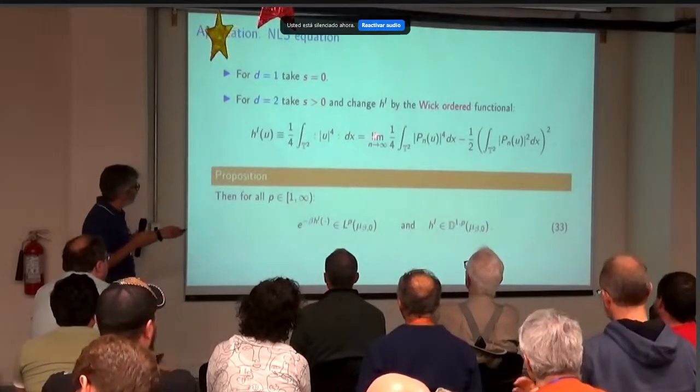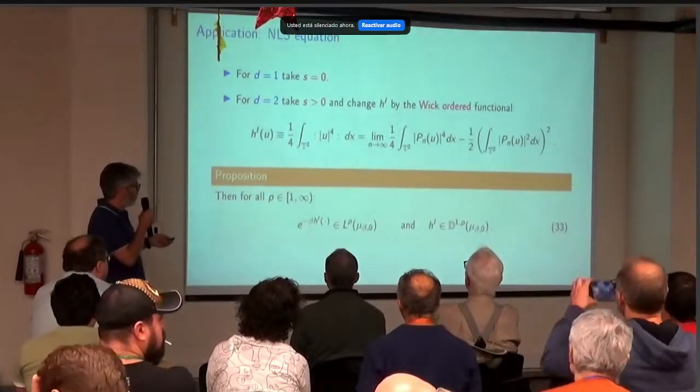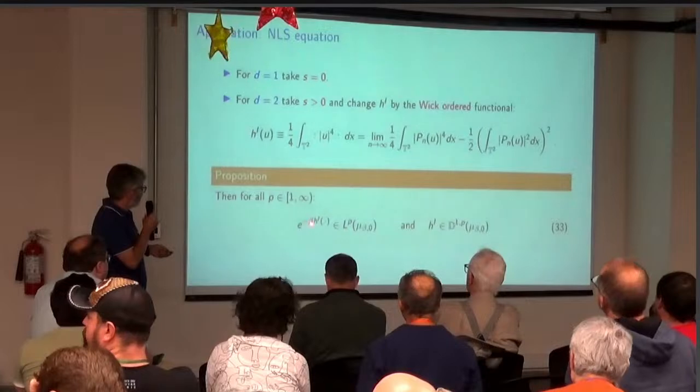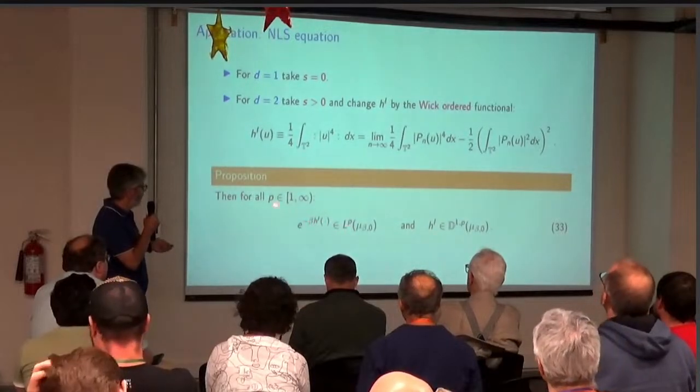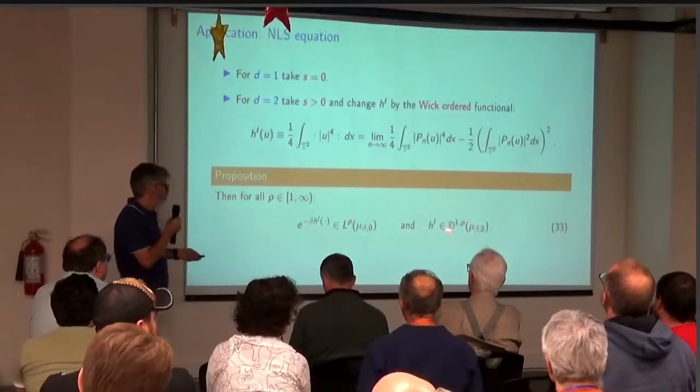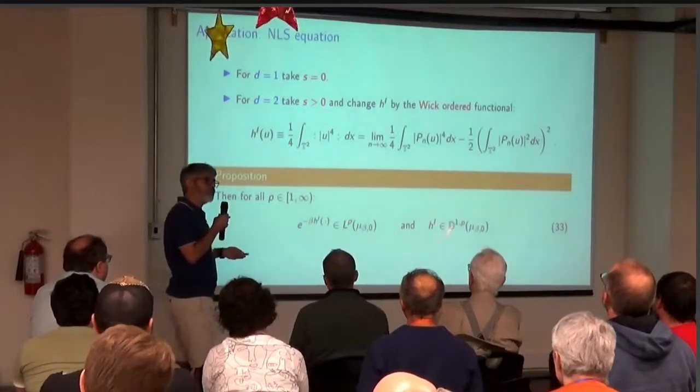So this is well defined, and is in the L^p spaces. You can see that this exponential of minus beta H is in all the L^p. This is enough to define the Gibbs measures, and this is enough to define the Malliavin calculus and to use it.